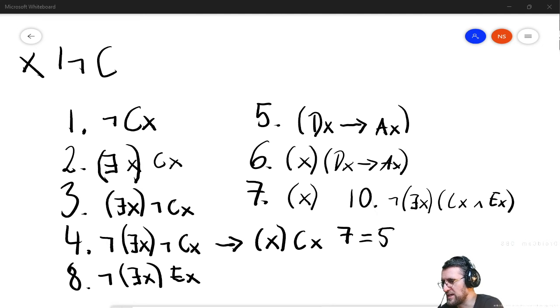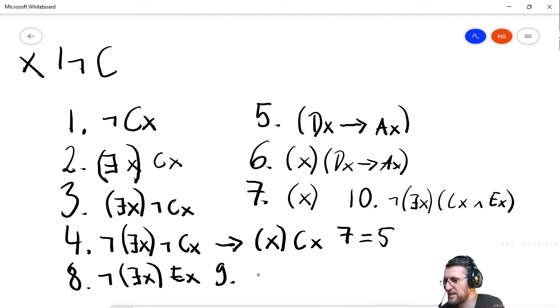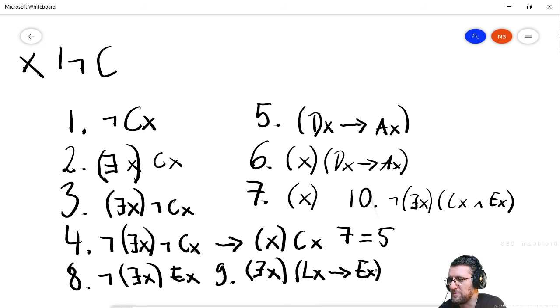So let's do that. So number 9. There exists at least one X, so that if X is a logician, then he is evil. I think that's how I can write it.